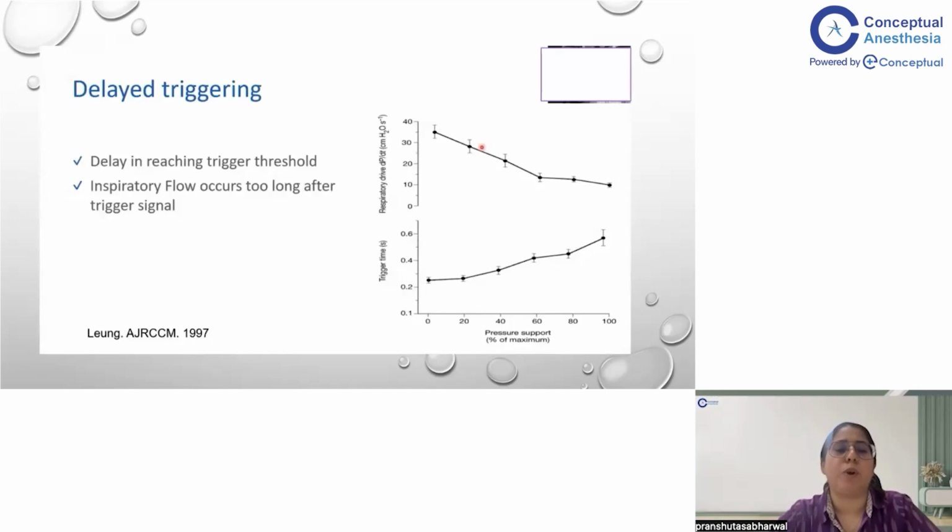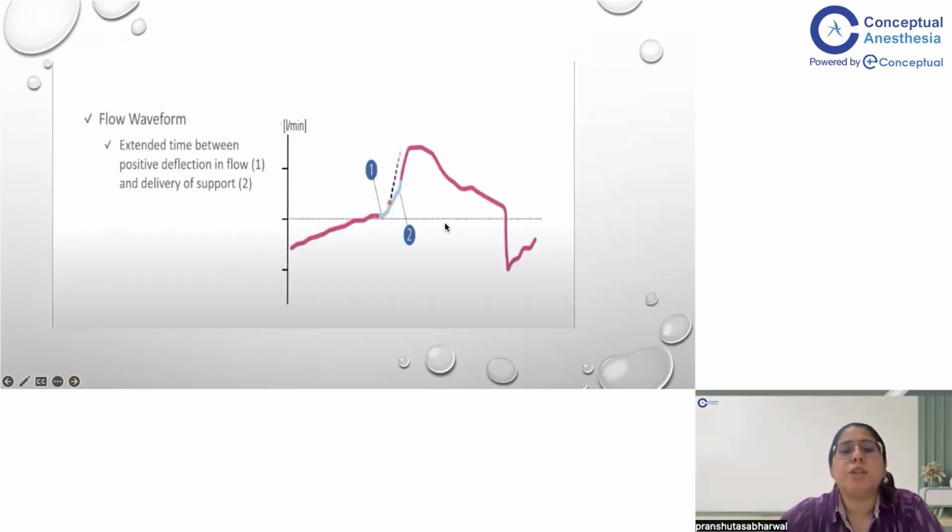Triggering means the patient has already initiated a breath and the ventilator should immediately detect that breath and start the inspiration. When this doesn't happen, that is a delay in the triggering. I'll show you how it looks. This is a flow time scalar. The blue part is where the patient has started a breath.